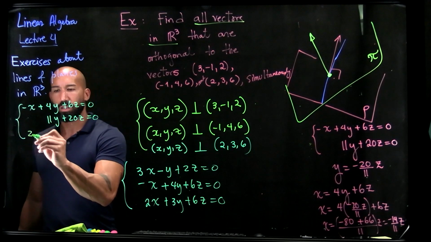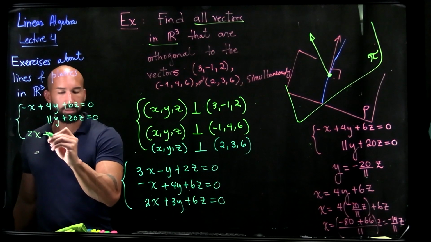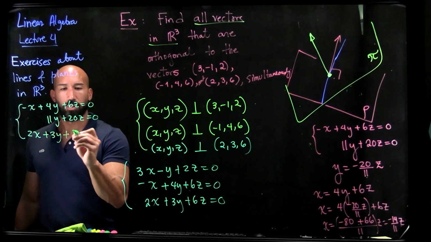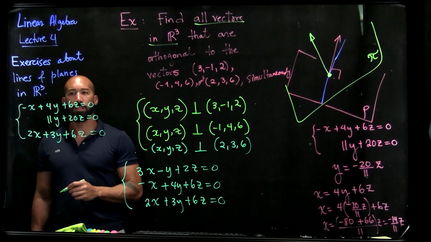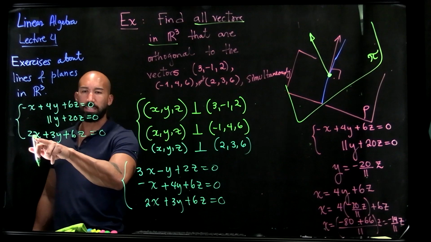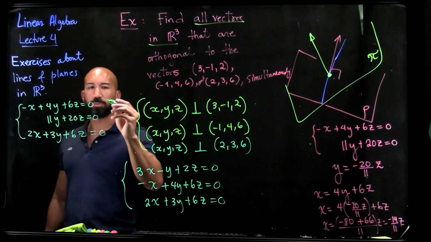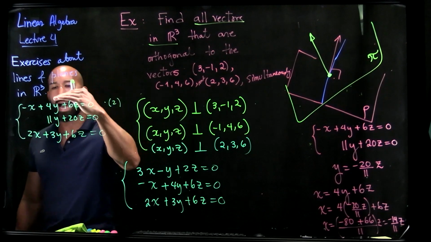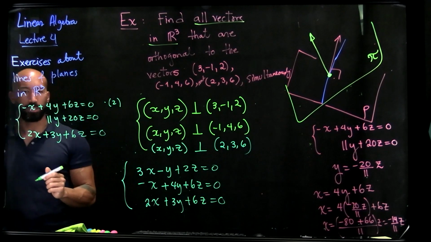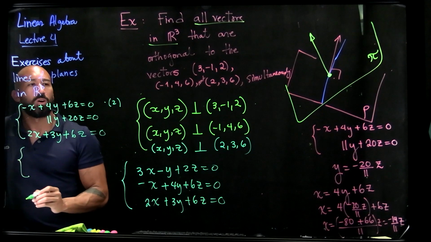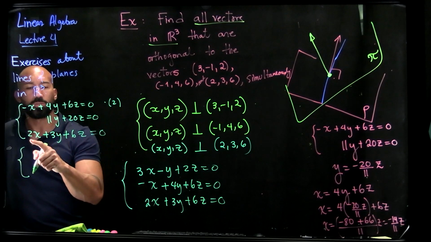And I will keep the third equation 2x plus 3y plus 6z equal to 0. Okay? To eliminate this term here, I will multiply the first by 2, and I will add it to the third equation to transform it into something easier. So this is going to be minus 2 plus 2, 0x.